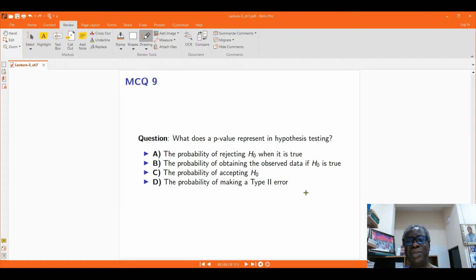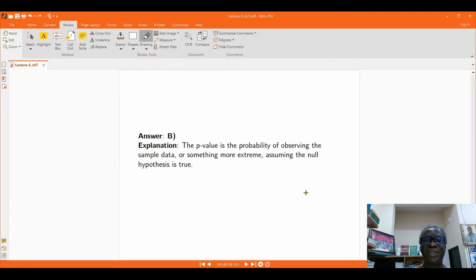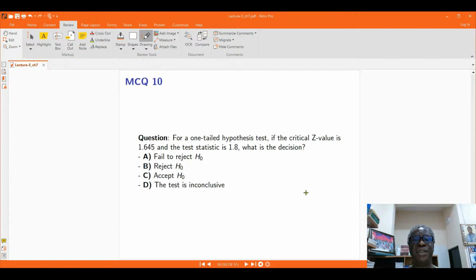It is not the probability of rejecting H naught when it is true. It is the probability of obtaining the observed data if H naught is true. That is the correct answer. B is the correct answer. The p-value is the probability of observing the sample data, or something more extreme, assuming the null hypothesis is true.